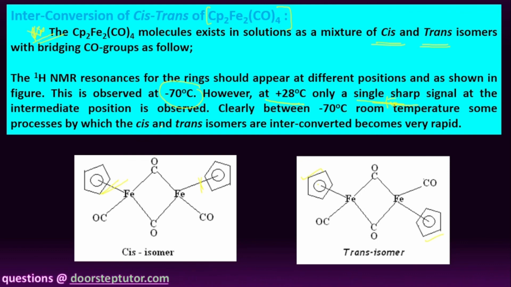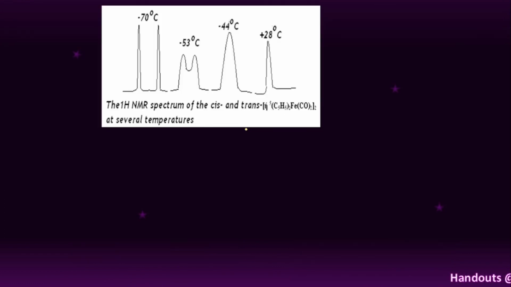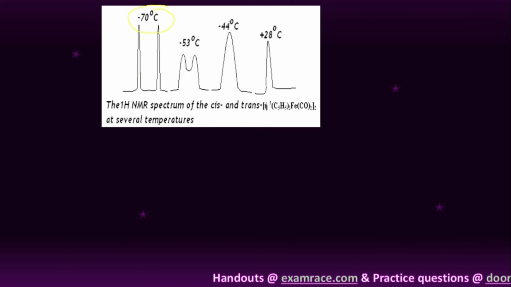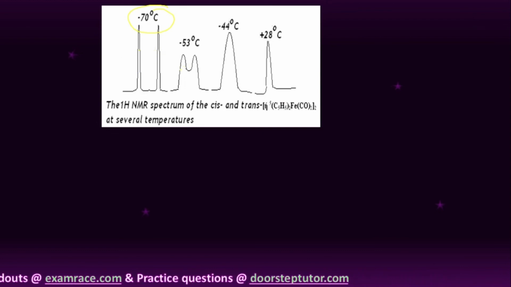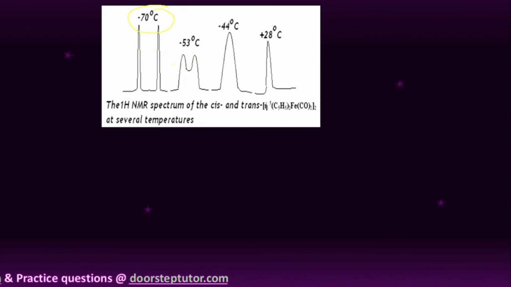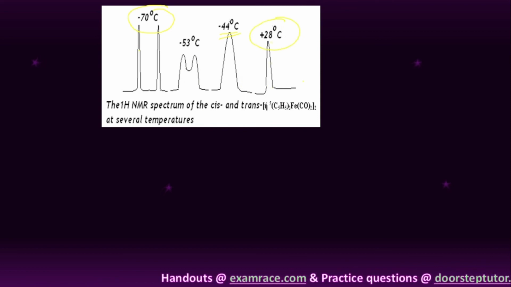There is some process by which the cis and trans isomers are interconverted very rapidly, so the cis isomer is converted into the trans isomer very rapidly. At minus 70 degrees, two sharp signals are observed due to the two cyclopentadienyl rings. At different temperatures these sharp singlets become broad; at minus 44 degrees a broad singlet appears, and when it reaches room temperature, students, only one singlet is observed.